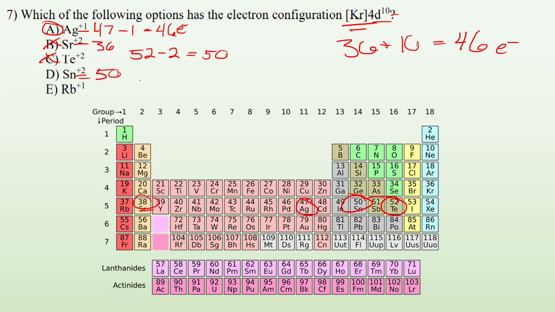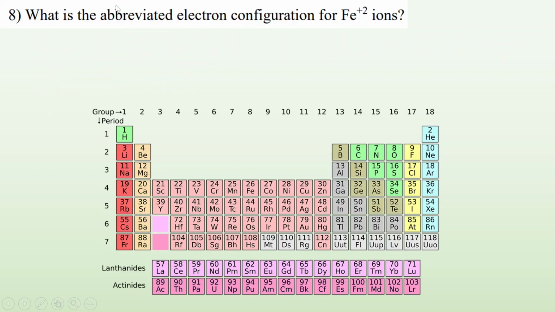This plus 2 tells me it lost 2 electrons, so it has 48. So not choice D. Rb+, all right. Rb has 37, but it lost 1 electron, so now it only has 36. So choice A.